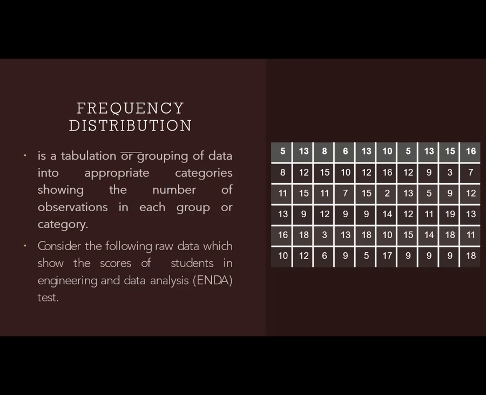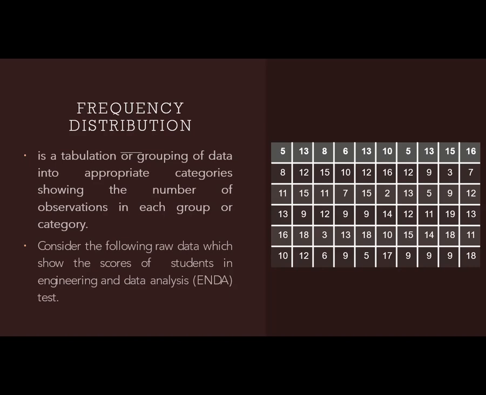But before that, to make it clearer, when we say frequency distribution, it is a tabulation or grouping of data into appropriate categories, showing the number of observations in each group or in each category. The sample table only shows the raw data which represents the scores of students in an engineering data analysis class.